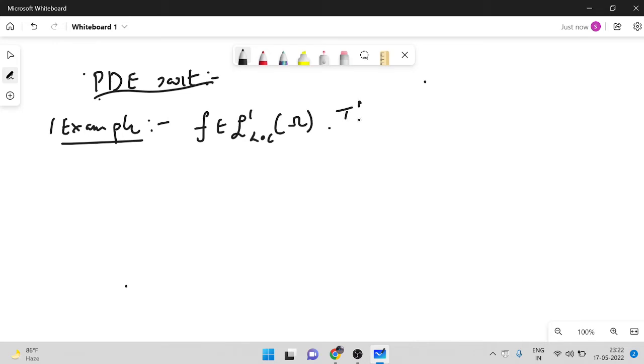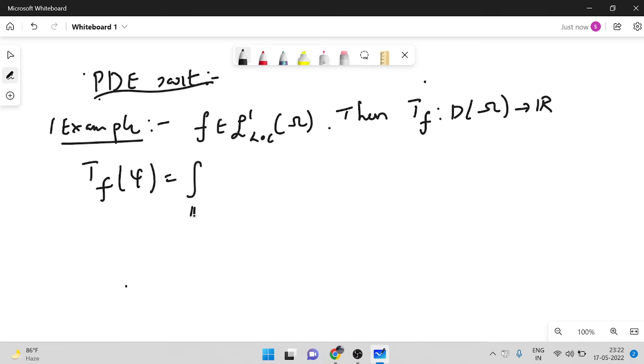Then we define Tf from d of omega to R such that Tf of phi is the integral of f times phi dx. This is an example of a distribution.